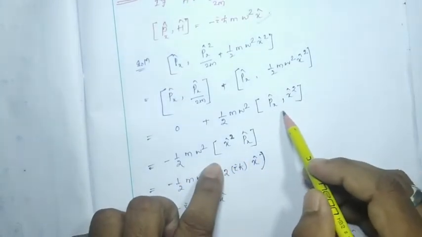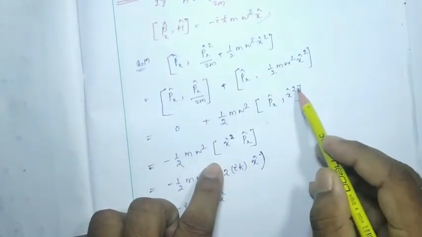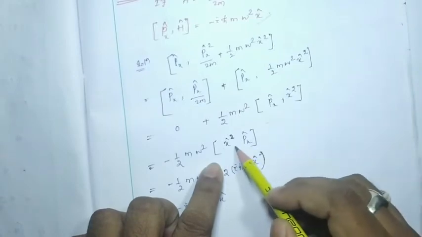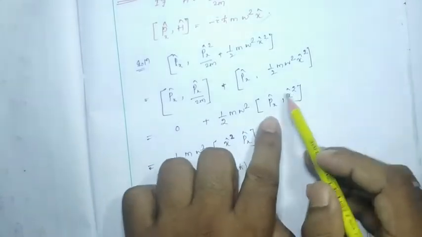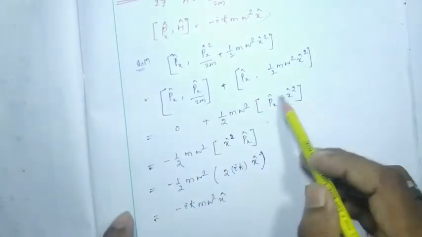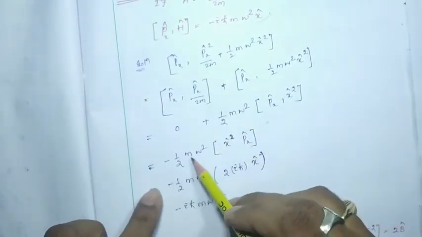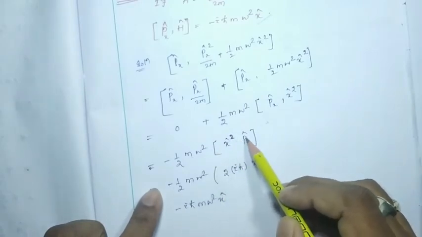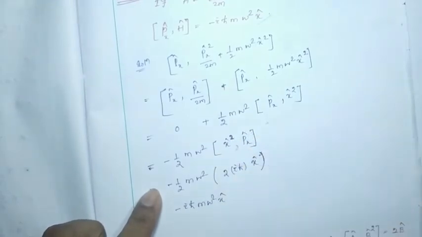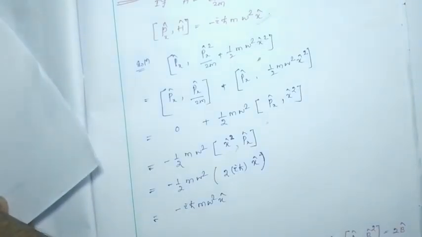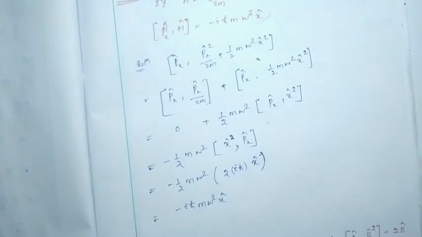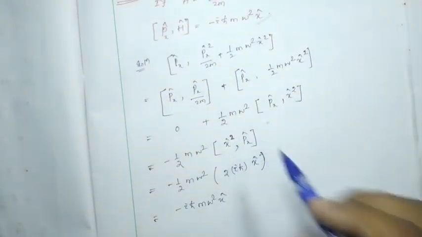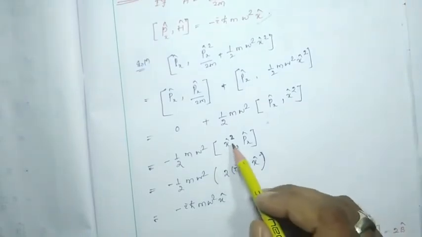This can be written as minus [x cap squared, p_x cap]. If I change the order, then it will be minus half m omega squared [x cap squared, p_x cap]. Carefully observe the comma and the cap and put them correctly.